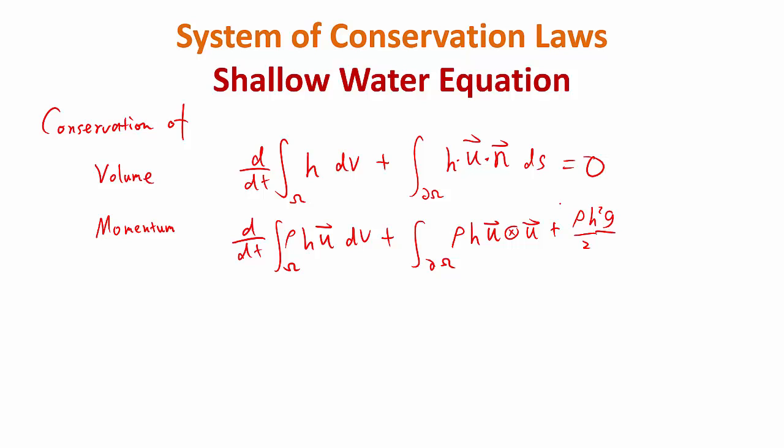So that's kind of the average amount of pressure. The average amount of pressure is half of h times rho g. That's how much pressure you have in the middle of the water column, times h, which is the amount of area. Okay, so this times ds would be equal to 0.